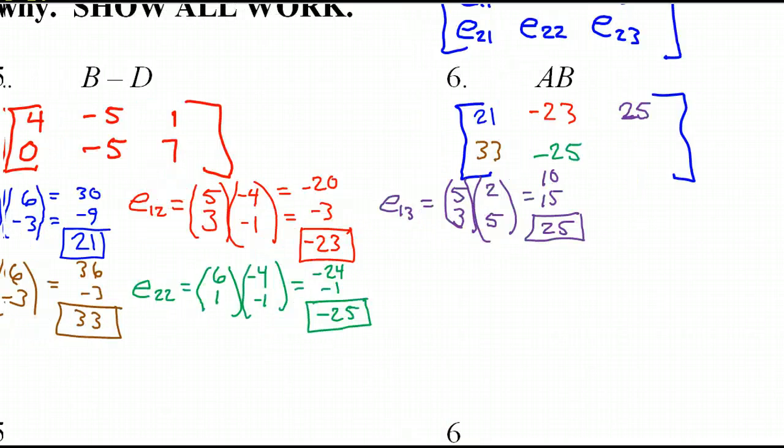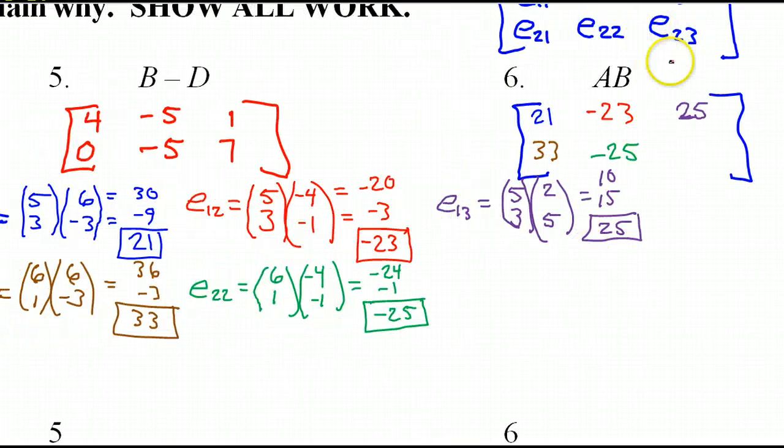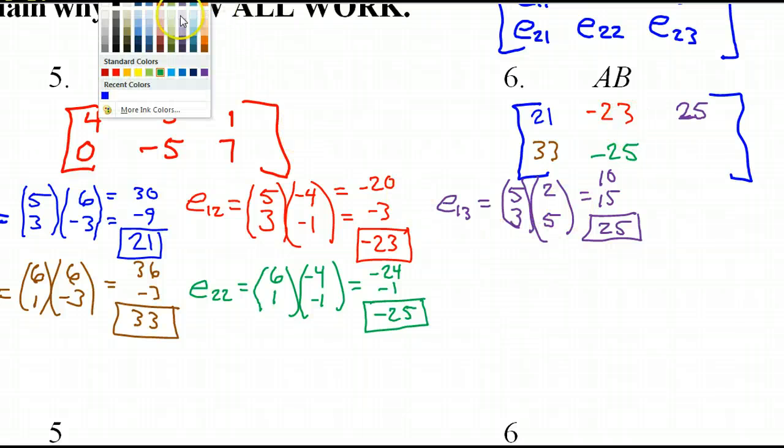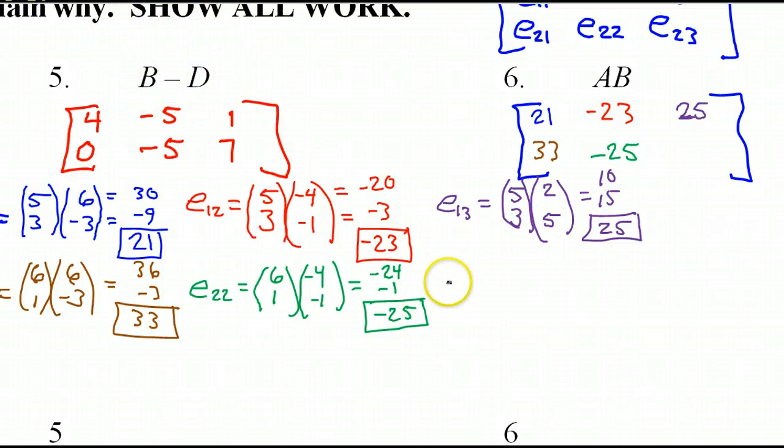Okay, now the last element, element 2, 3. Again, row 2 has been the same for the last two problems, so I know that's going to be 6, 1. If I want to see column 3, I can just look here and see column 3 was 2, 5. Kind of copy off myself a little bit.